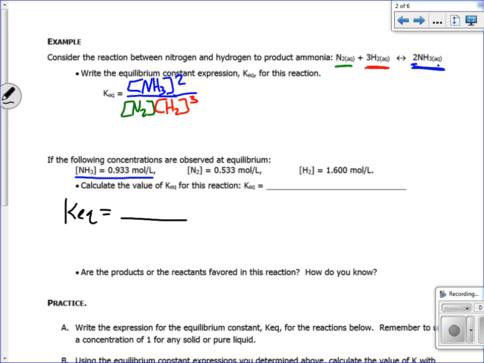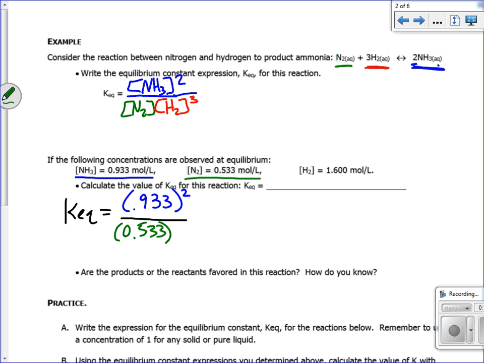So on top, we're going to put in the 0.933, okay? And we need to raise it to the what power? The 2nd power. Good, like that. All right. Then on the bottom, for nitrogen, what did they tell us its amount is? 0.533, right?